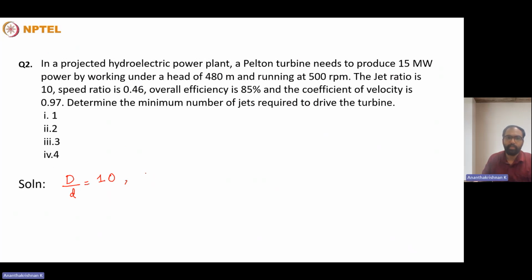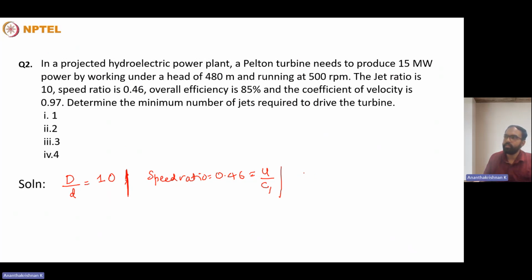Then the corresponding speed ratio is 0.46. So the speed ratio is the ratio between the blade velocity to the actual velocity at the inlet.